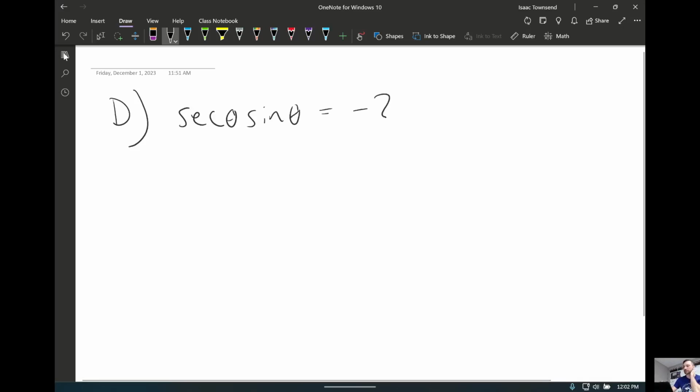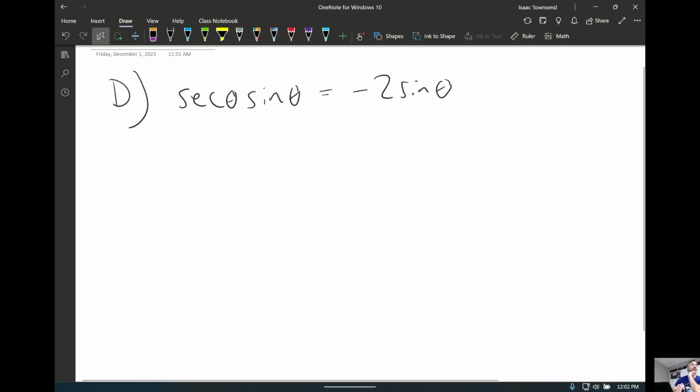Okay, on question D, probably the most common first step is incorrect. If you started off D by dividing both sides by sine, you're going to get some of the answers and you lost some answers. In our notes we talked about when you divide both sides by a variable, you lose some answers.